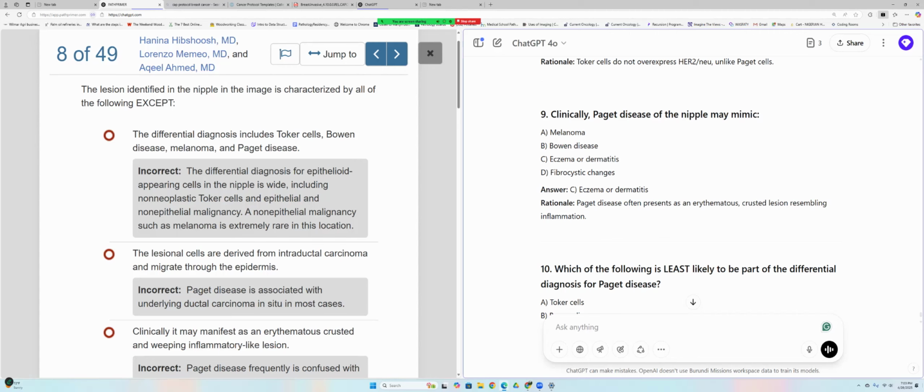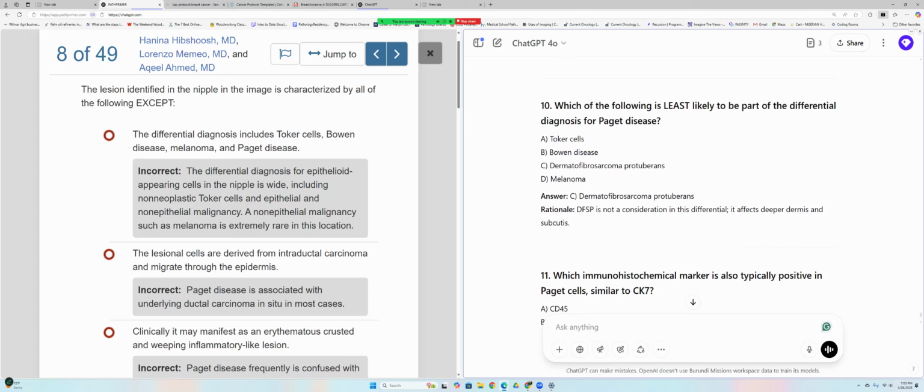Which of the following is least likely to be part of the differential diagnosis for Paget disease? Dermatofibrosarcoma protuberans. Toker cells is a good differential because of how white they are. Bowen disease also, melanoma also. But dermatofibrosarcoma protuberans is not, it affects the deep dermis. I thought it is.